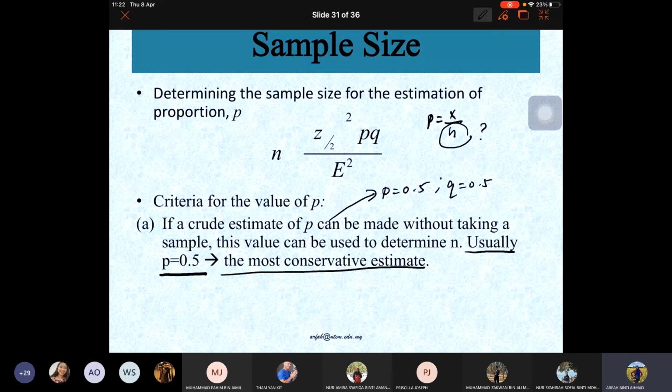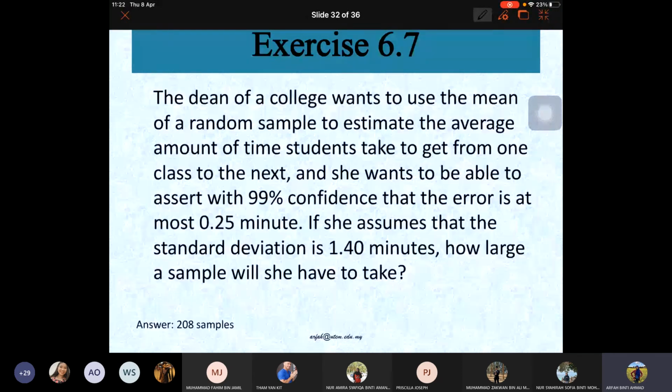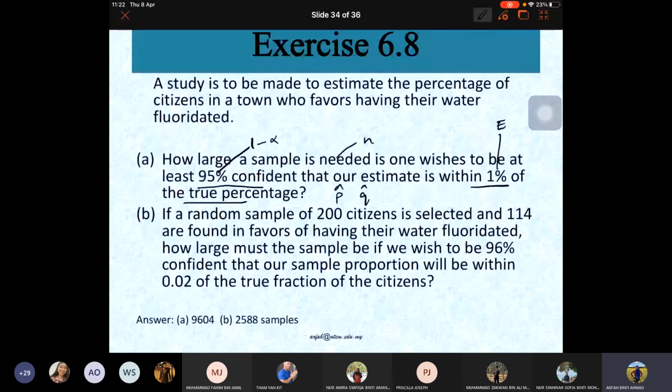We will just take P equal to 0.5 and Q equal to 0.5. So for this particular example, soalan A dia tak bagi pun nilai P dan nilai Q. So we can just assume P sama dengan 0.5, Q sama dengan 0.5. Okay. So then calculate your N.